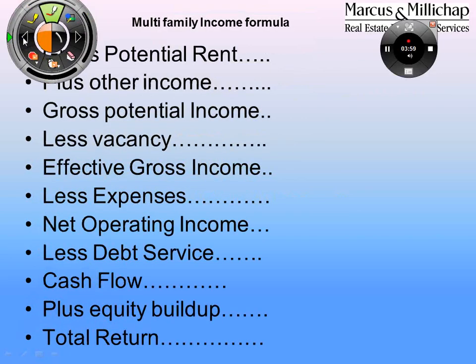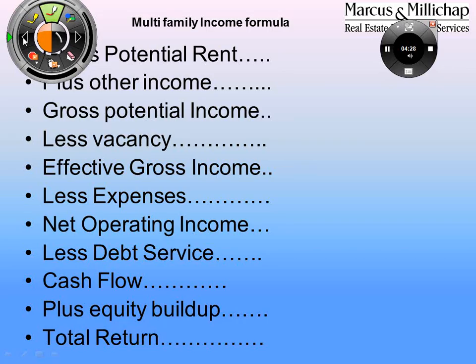Okay, so we subtract expenses from EGI to get net operating income, and then we subtract debt service by calculating either the 65% LTV or the 1.2 debt service coverage ratio format and check with MCC, your MMCC representative to make sure you've got the right loan amount, the right debt service, and interest rate and amortization term.